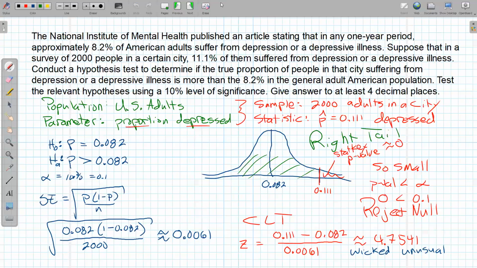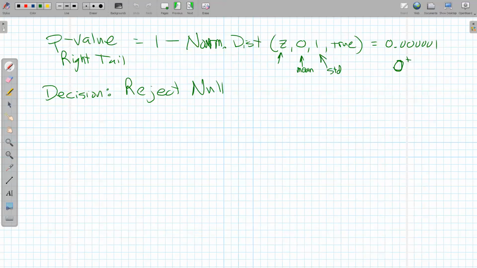So the conclusion is in context, the decision. What does this really mean? There is sufficient evidence, and I'm not going to say anything about the word null. That ain't coming in here. I'm not even going to write the word alternative. I'm just going to say what the heck I'm talking about.